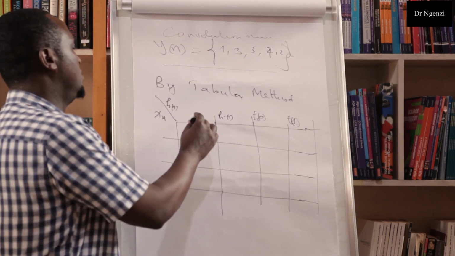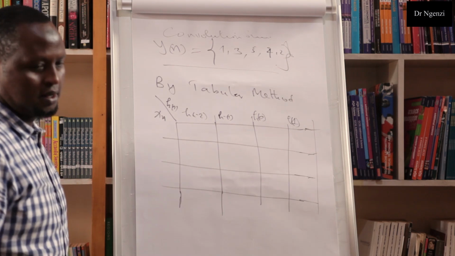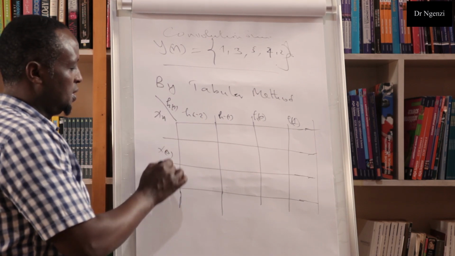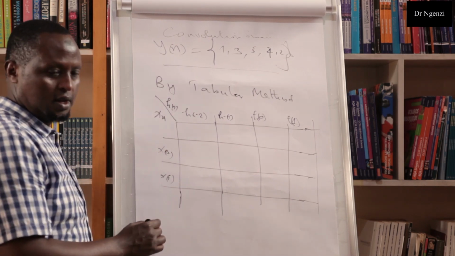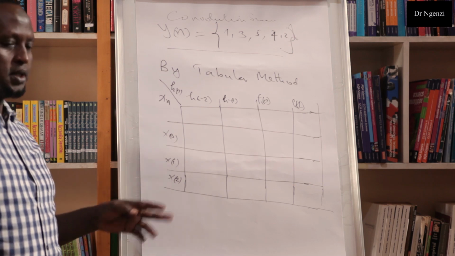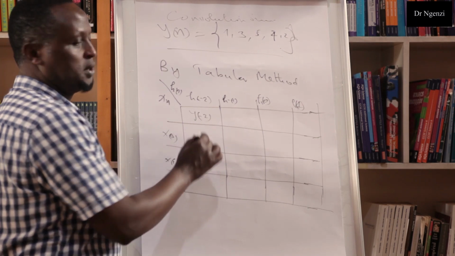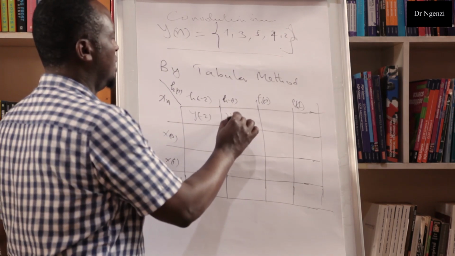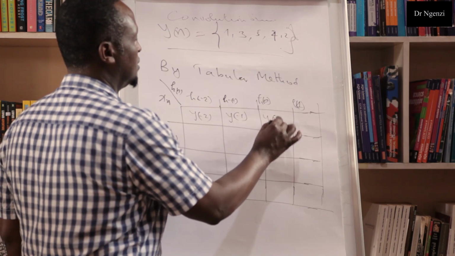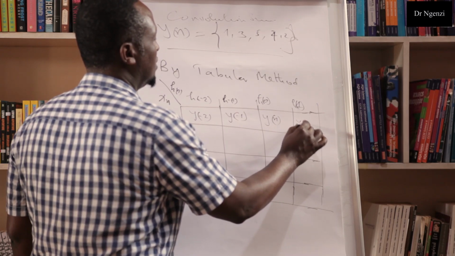And here it can be h of -2 on this side. So these values are x values, for example. They are going to be x of 0, x of 1, and then x of 2. So the y values, or the response, at y of -2, at y of -1. This is the response. Y at 0, then y at 1. So like that.